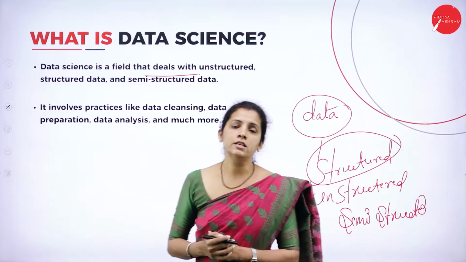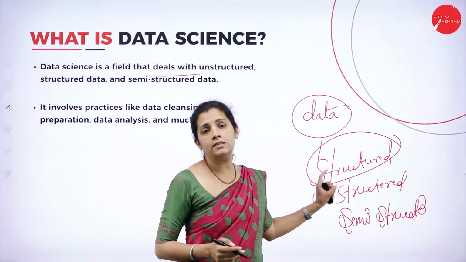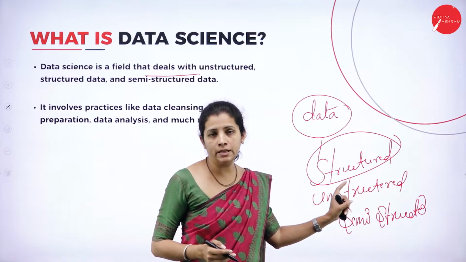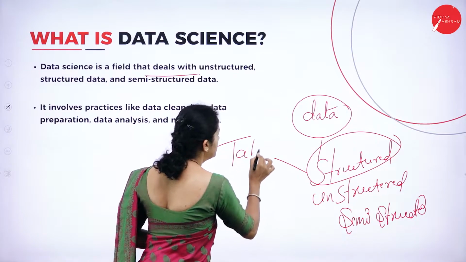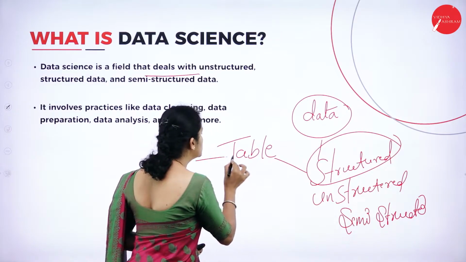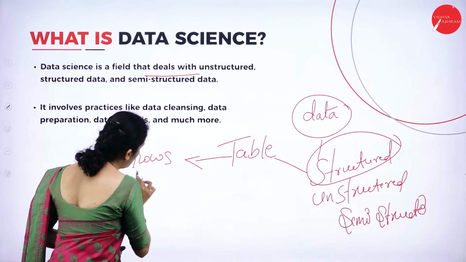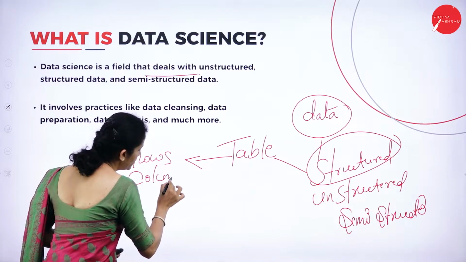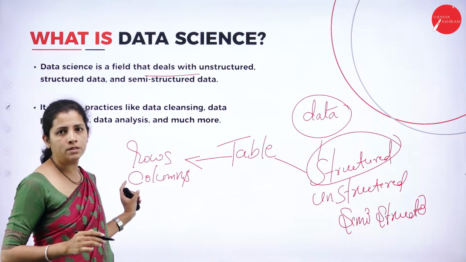In structured data, the data are organized in the form of tables. When it is in the form of a table, the data are stored in the form of rows and columns.